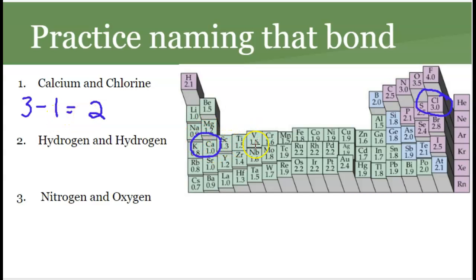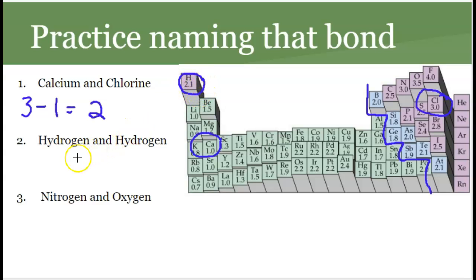And it's got something from the left and something from the right. And again, the imaginary staircase that lives on the periodic table, you can kind of see based on the colors there. But that's roughly what it looks like. So anything on the right side of the ladder over here is considered a nonmetal, and anything on the left side is considered a metal. Hydrogen and hydrogen, well, that's easy. It's the same element.